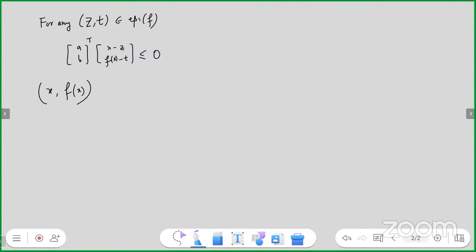Now what do I need to produce to claim what I'm trying to claim? This just directly follows from the epigraph and the separating hyperplane.